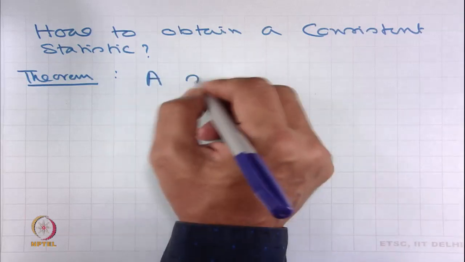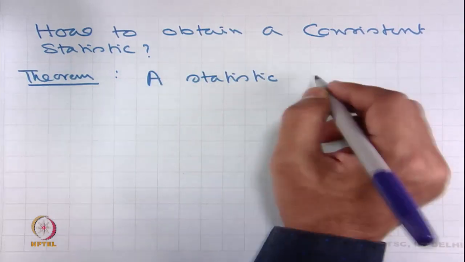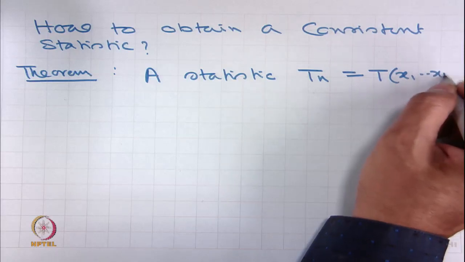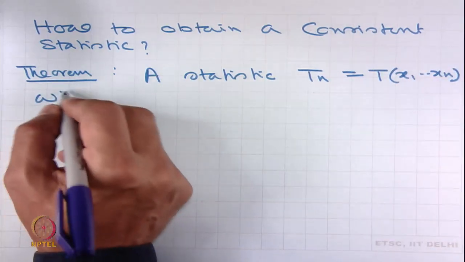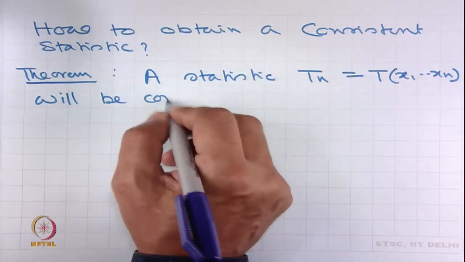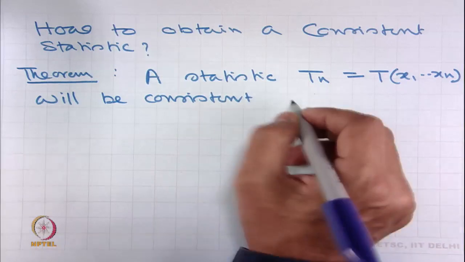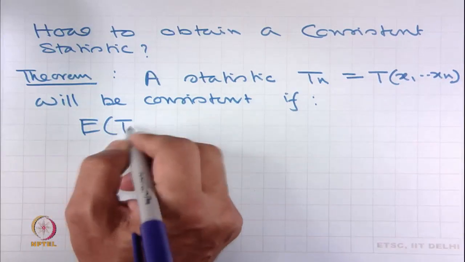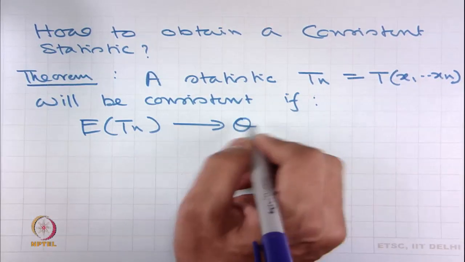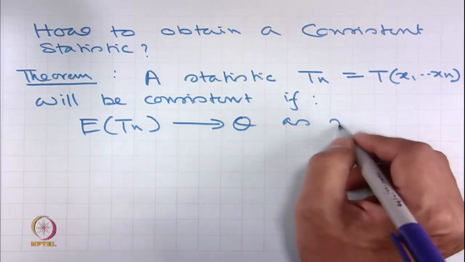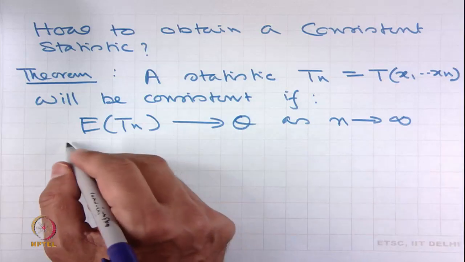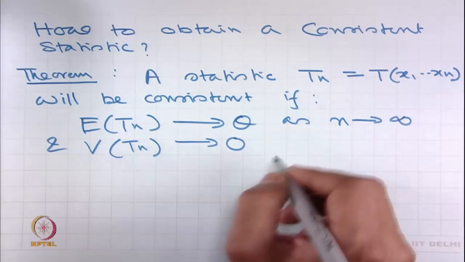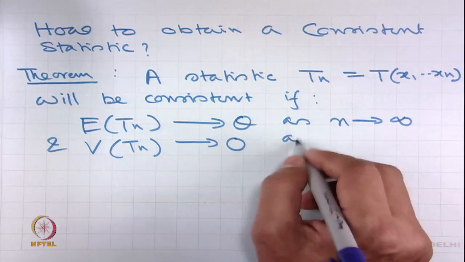A statistic T n, equal to T of x 1 up to x n, will be consistent if the expected value of T n goes to theta as n goes to infinity and the variance of T n goes to 0 as n goes to infinity.